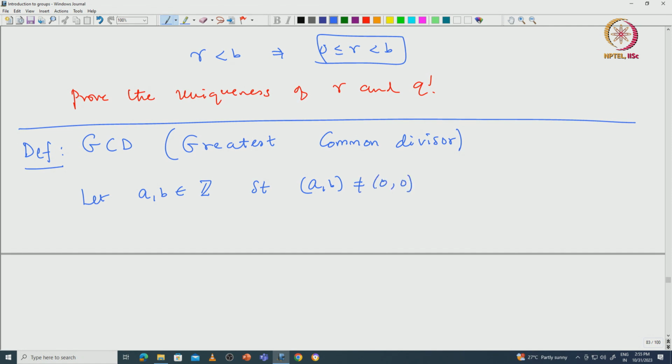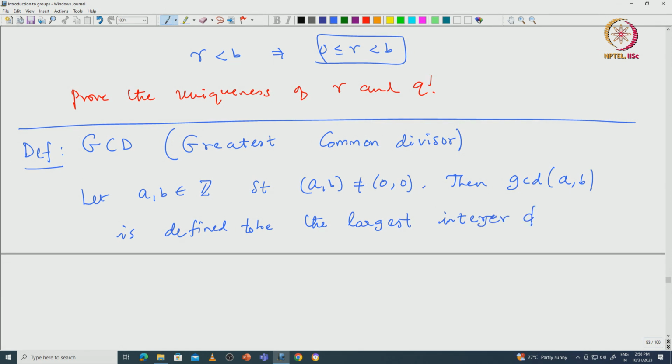That means both are not 0. Then the GCD of this A and B, shortly denoted by GCD of A comma B, is defined to be the largest integer D such that D divides A and D divides B. You look at all possible common divisors and you pick the largest one.